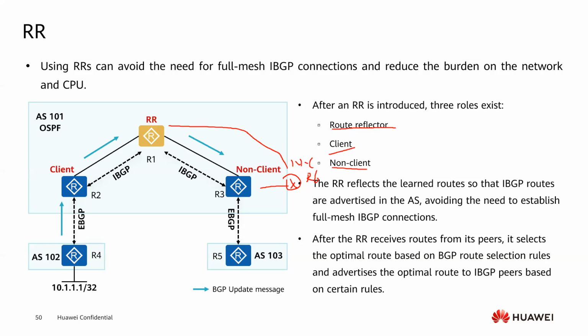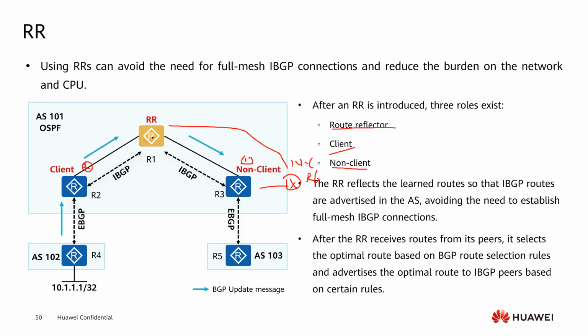Okay, and there are also some rules for the RR to advertise the route. Do you remember? The first is the route learned from the non-client. The RR will select and advertise the optimal route to all its clients. And the second, when the RR learns the route from a client, the RR will select and advertise the optimal route to all its non-clients and clients except the one who sent the route to me.